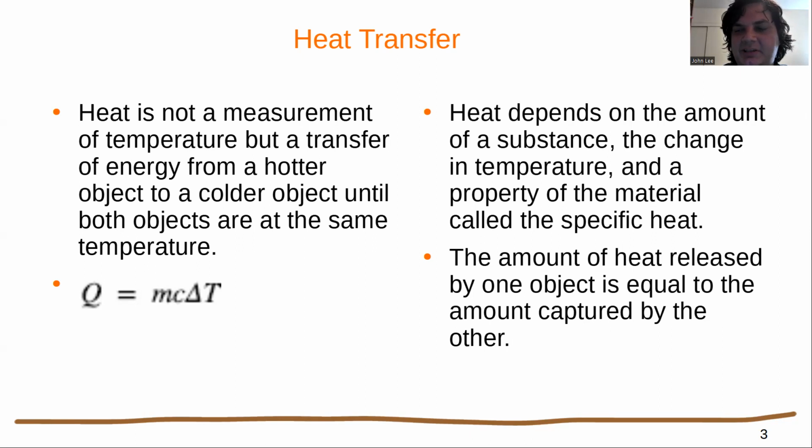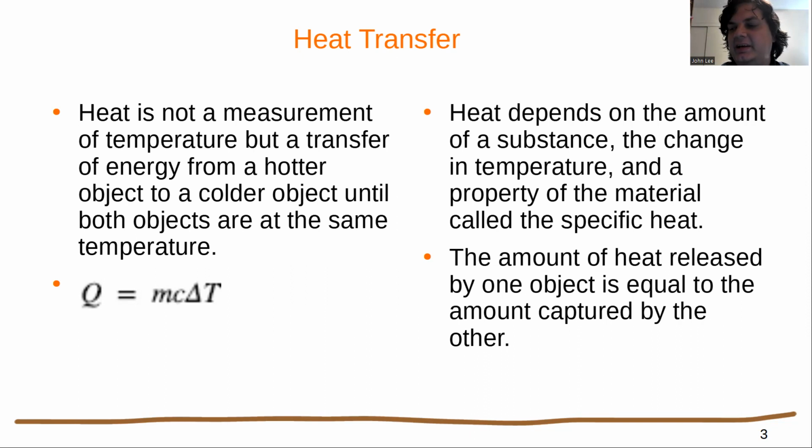If something has twice as much mass, it's going to take twice as much heat to heat it up. And if something has a higher specific heat, then it's going to take more heat to heat that material up.